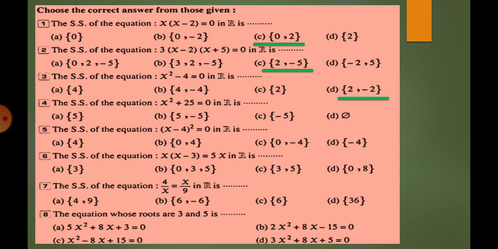So the solution set equals phi. It means we can't find any number that satisfies the equation x power 2 plus 25 equals 0. So we can write the solution set equals phi.